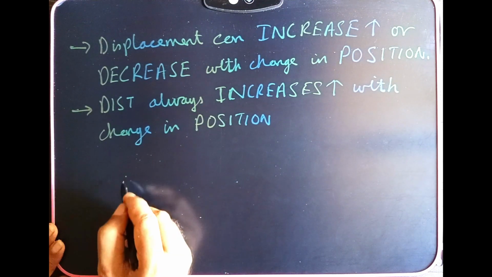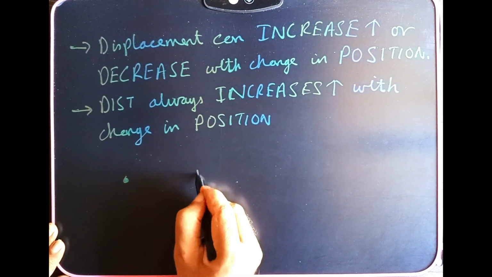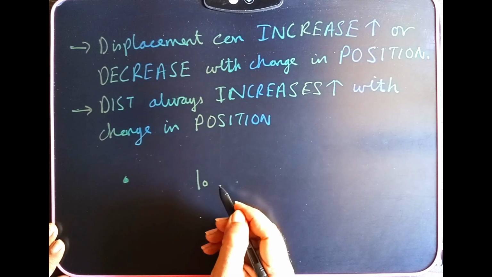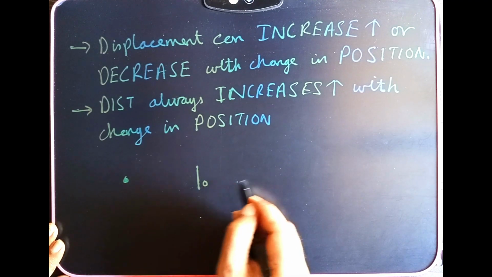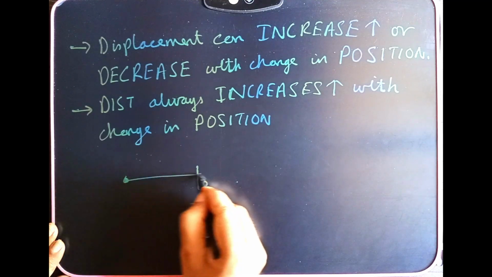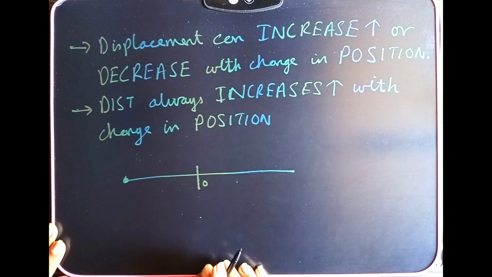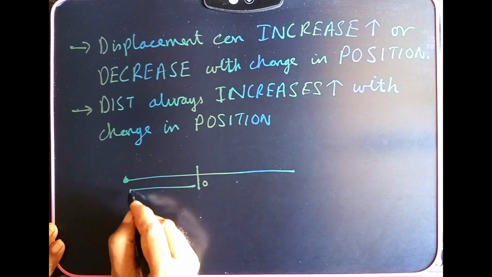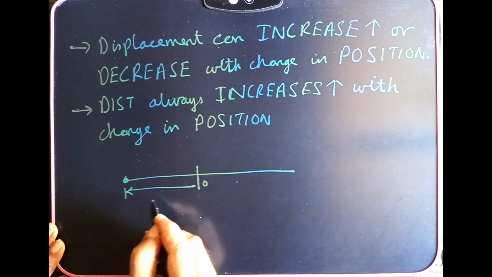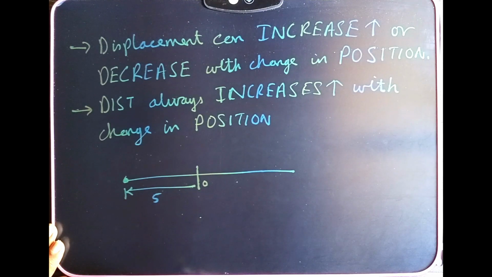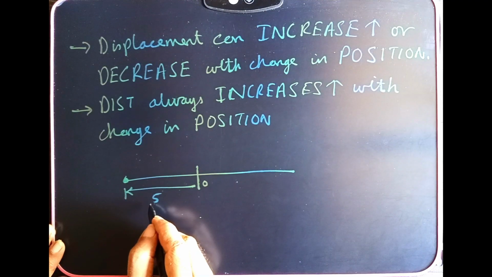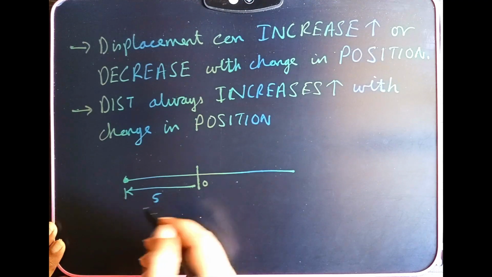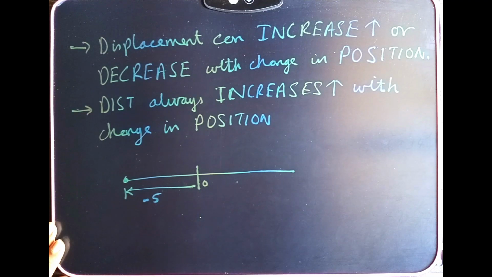So let us take an example. We have the origin point as O. Currently the displacement may be around 5, for example. Now the displacement can reduce. Let us take the coordinate system minus 5.